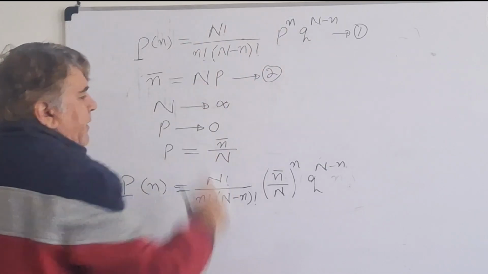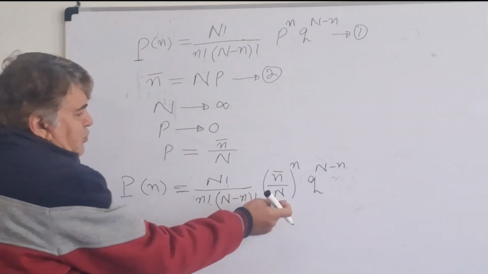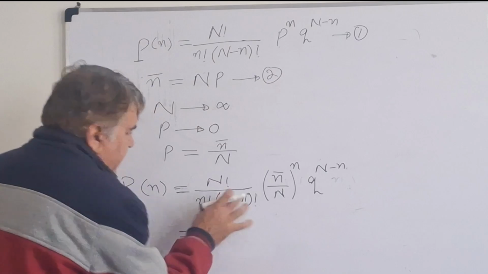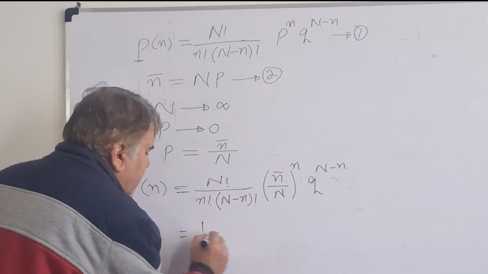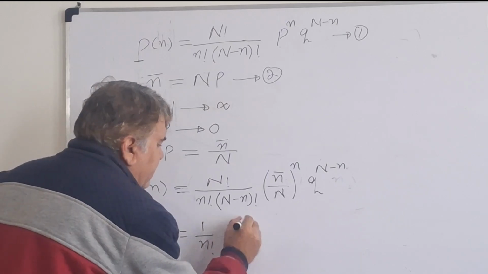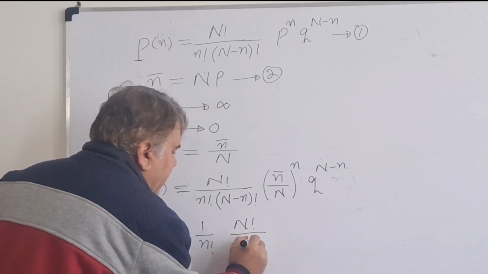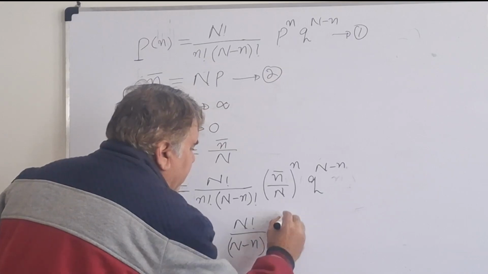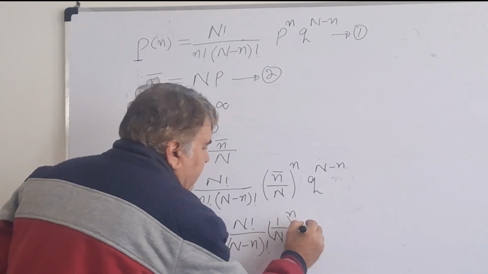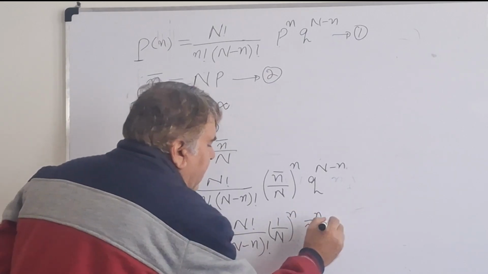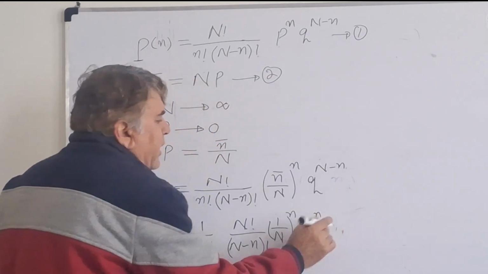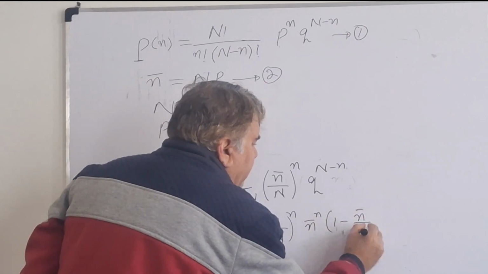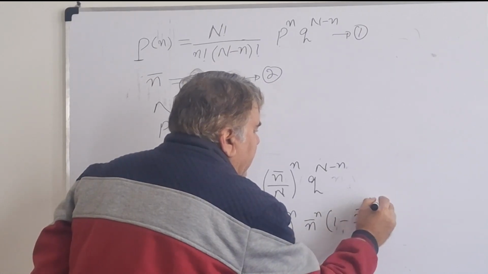Make that correction, this is small n, not capital N. Okay, now I want to factor this thing into two factors, and similarly I want to separate this 1 over n factorial from here to write it like this: N factorial divided by (N minus n) factorial, and I split that into 1 over N raised to the power small n, and then n bar raised to the power small n, and for q I can write 1 minus n bar divided by capital N raised to the power N minus n.